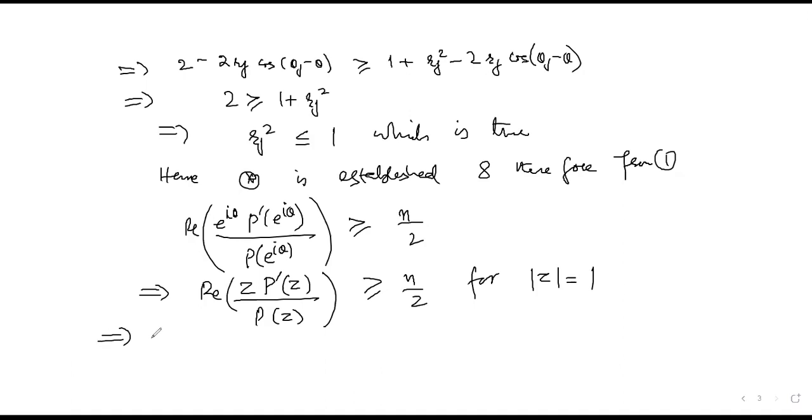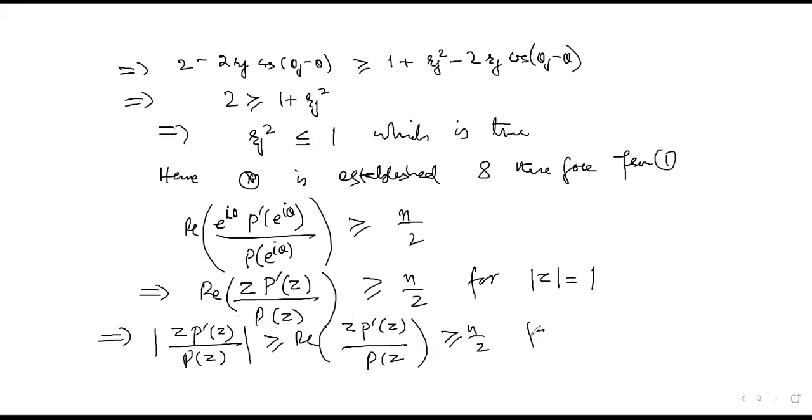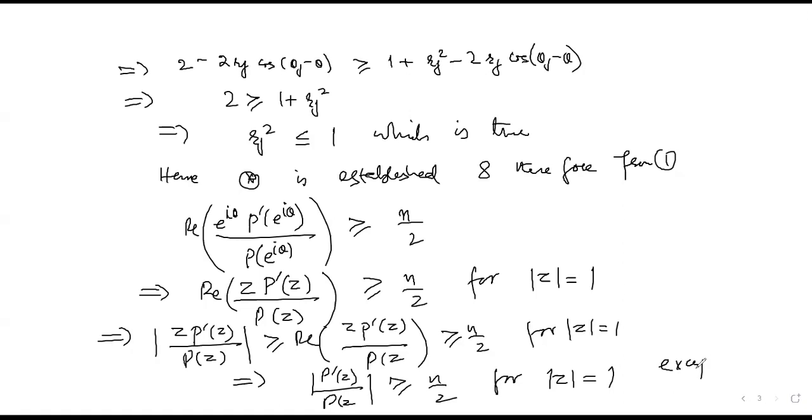Now we know that modulus of any complex number, अगर मैं लूँ z into p dash z divided by p of z जो है, it is greater than equal to real part of z p dash z divided by p of z is greater than equal to n by 2 for mod z equal to 1. और अगर मैं mod z को 1 ले रहा हूँ, it implies that modulus of p dash z divided by p of z is greater than equal to n by 2 for mod z equal to 1. हाँ हमें करना है except where p of z vanishes.